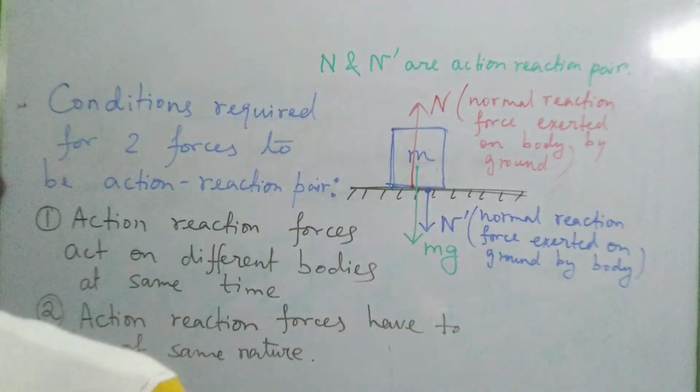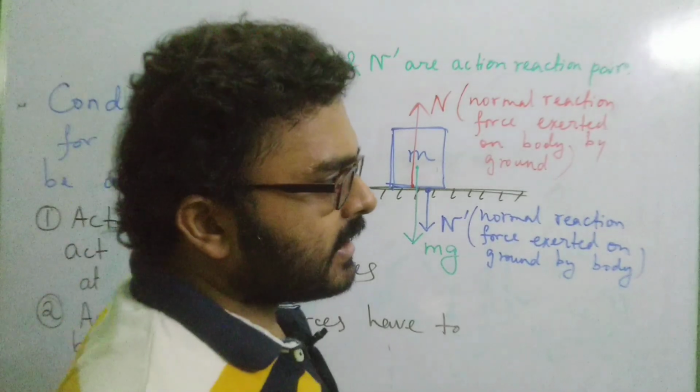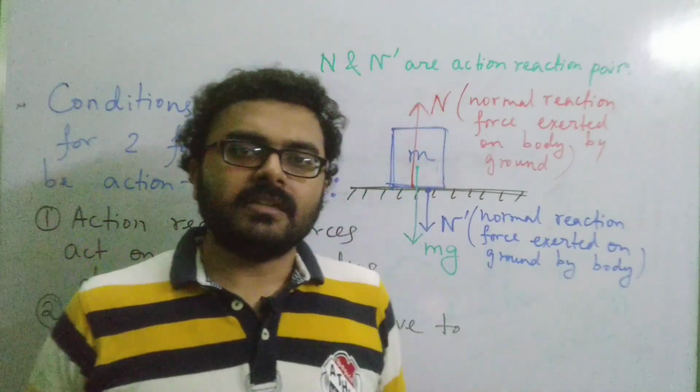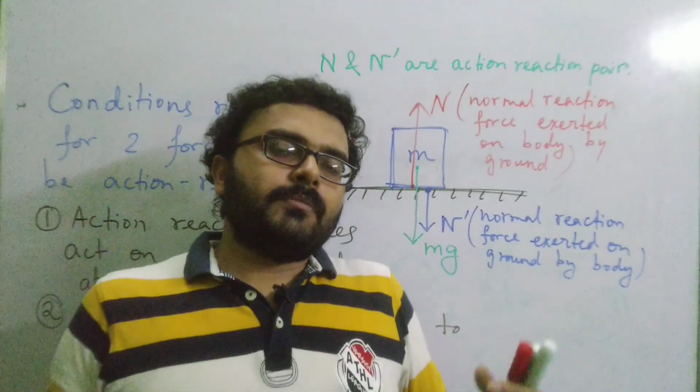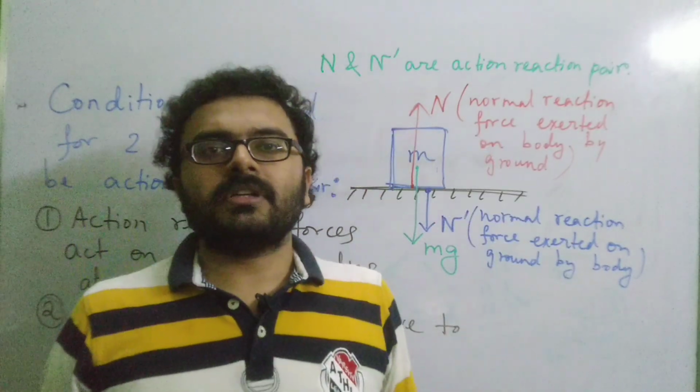Likewise, we can also see the application of the action reaction pair in the motion of a rocket. You must have seen when a rocket goes up, the rockets that carry satellites high up into the sky, the rockets burn a large amount of fuel and expel a huge amount of gas in the downward direction.